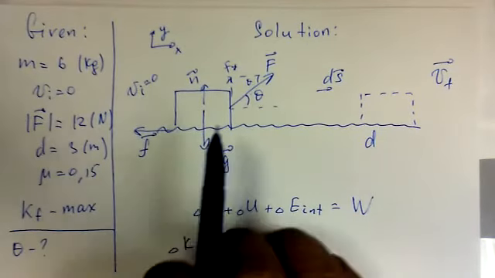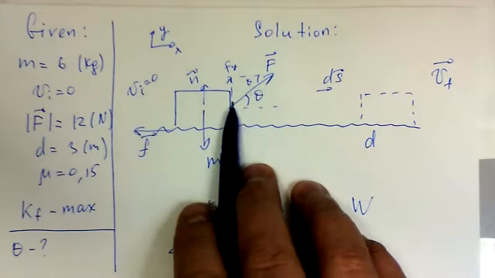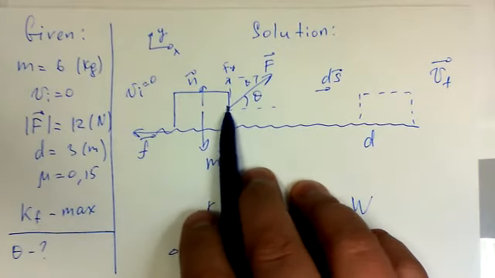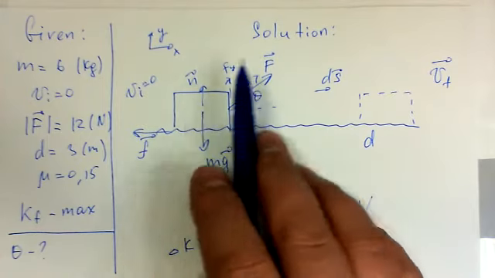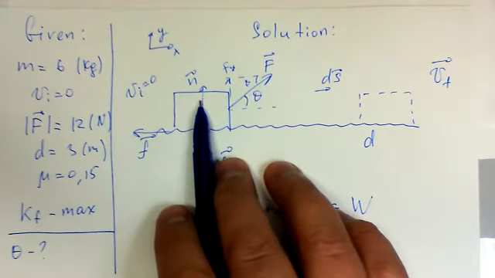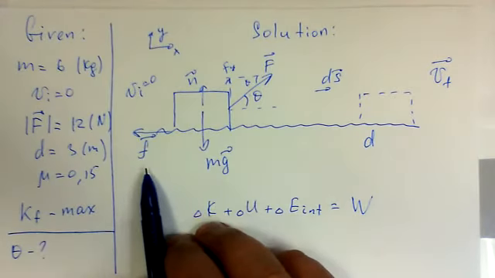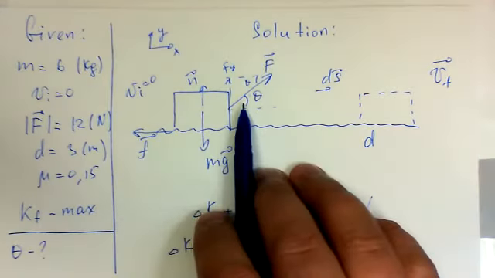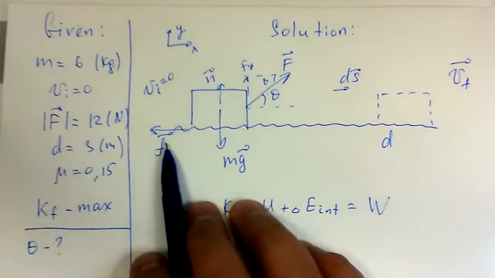So there is some optimum angle theta, because when we have this force applied at some angle, we reduce the normal force. And because of that, we change the friction force. And obviously, that's why we lose less energy in the form of internal energy.